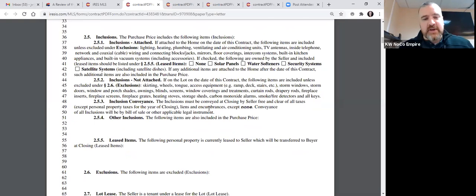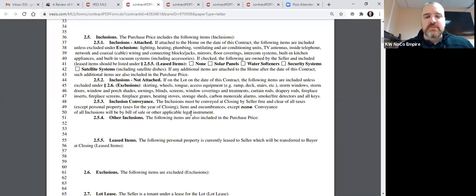2.5.3 just says that the inclusions we've mentioned here are going to be conveyed at closing by the seller, free and clear of any taxes, liens, encumbrances, all that other stuff, except whatever is listed. In most cases, you're just going to put none, because I want it conveyed free and clear of all liens and encumbrances.